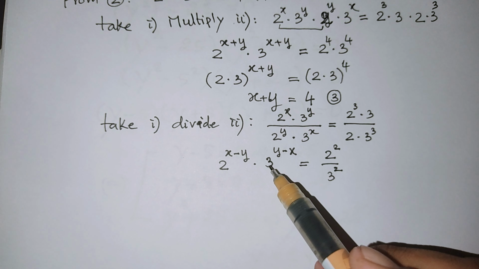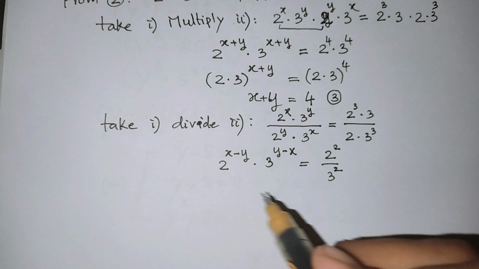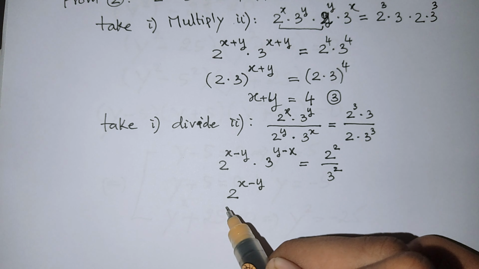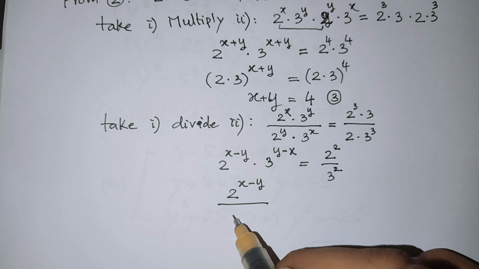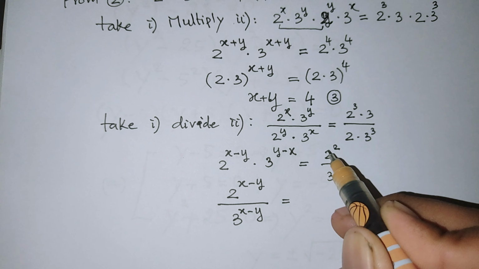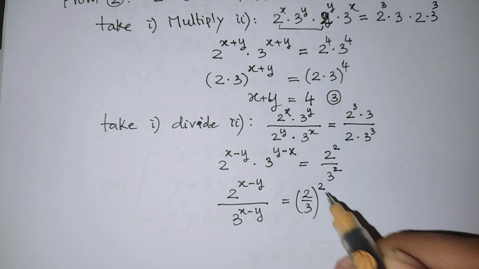If I rewrite it, we get 2 power x minus y divided by 3 power x minus y equals 2 divided by 3 whole to square.